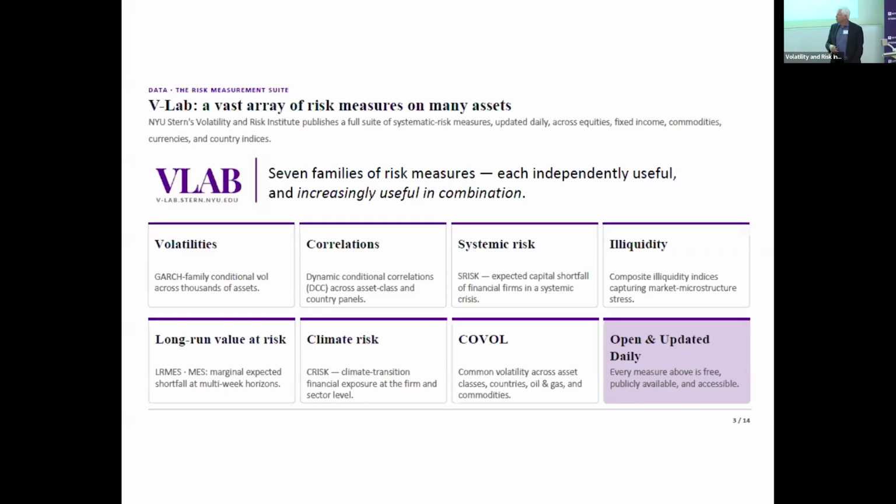So we have a wonderful website, which many of you have heard us talk about before, and which many of you know about, managed by Rob Capellini and the other Rob. The other Rob, that's me, affectionately titled at the Volatility and Risk Institute.